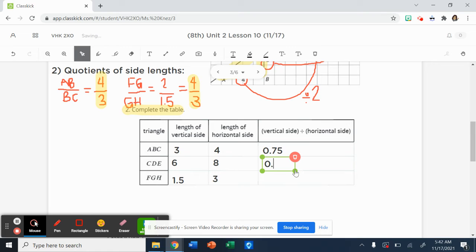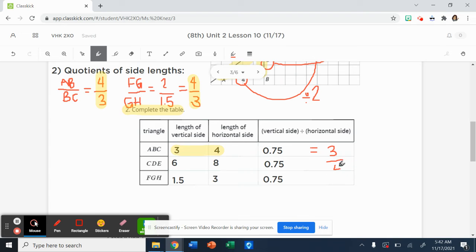Now notice that another way to write 0.5 would be to say that the vertical side divided by the horizontal side is equal to 3/4. Vertical divided by horizontal is equal to 3/4. And 3/4 is just the reciprocal, or the flipped version.